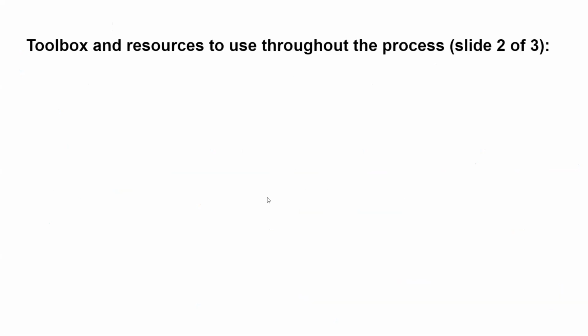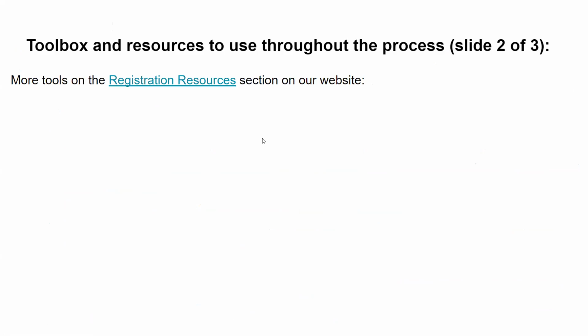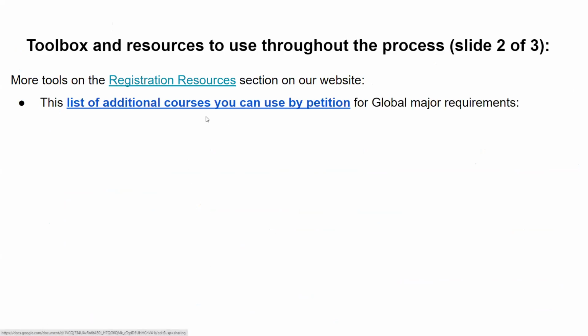All right, other tools on our registration resources that you're going to want to know about. The fun thing about the Global Studies major is that we are kind of the in and out of majors at UCSB. We have essentially a secret menu of additional courses that you can use by what we call petition or special request, where certain parts of our major requirements allow you to customize.